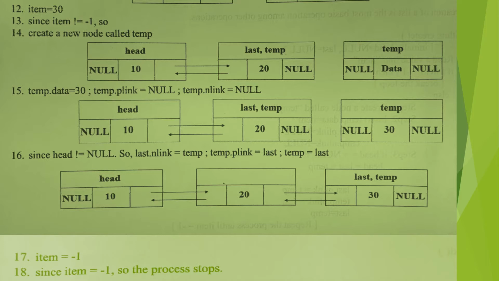After 30, there is no element we want to insert, nothing. So the last element n link refers to null and the p link of the header node refers to null.